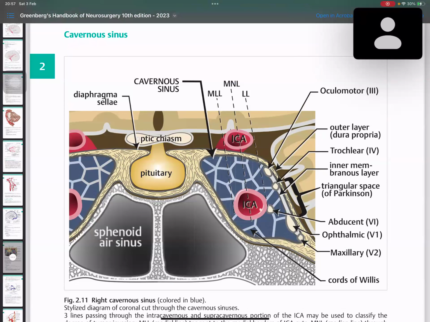Another important group we have is the sphenoidal group. The sphenoidal group of veins are the veins which will drain into the cavernous sinus, whose name comes from the corpus cavernosum of the penis.